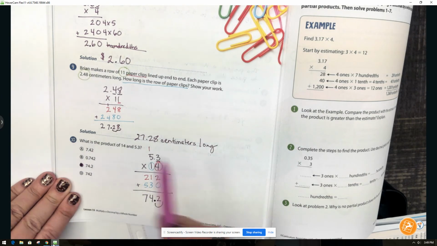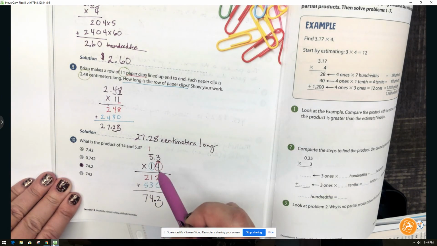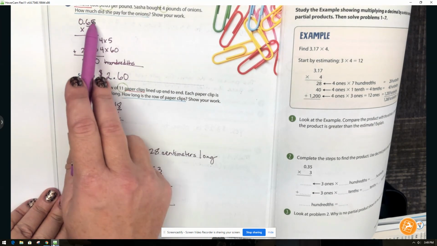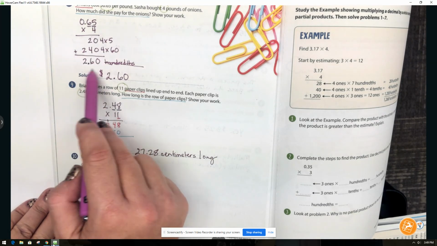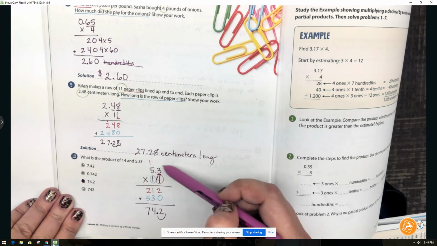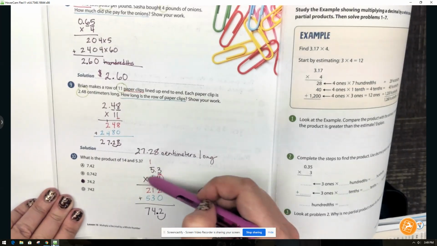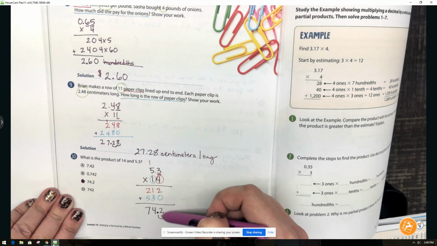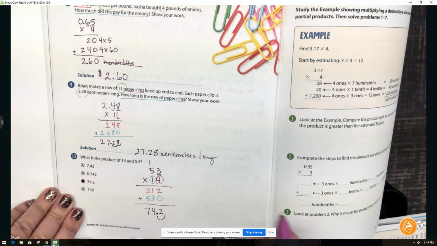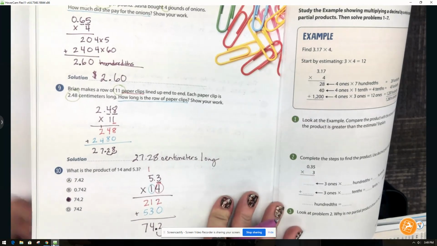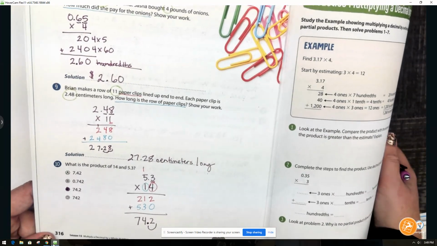And that's when this easy, so like up here, when you multiply a hundredth times a 1, your answer is a hundredth. If you multiply a tenth times a whole number or ones, your answer is going to be a tenth. It will change a little bit, but at least let's just enjoy it for the next couple of days.